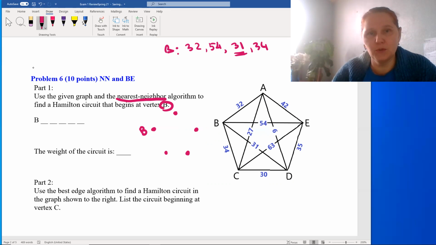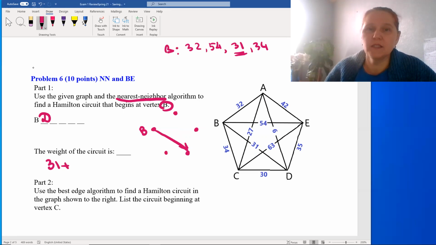So we go to D. You type D in the blank. So you will type one letter per blank. And you will calculate the weight for this circuit. So the 31. The next choice. So from D, you have three choices.